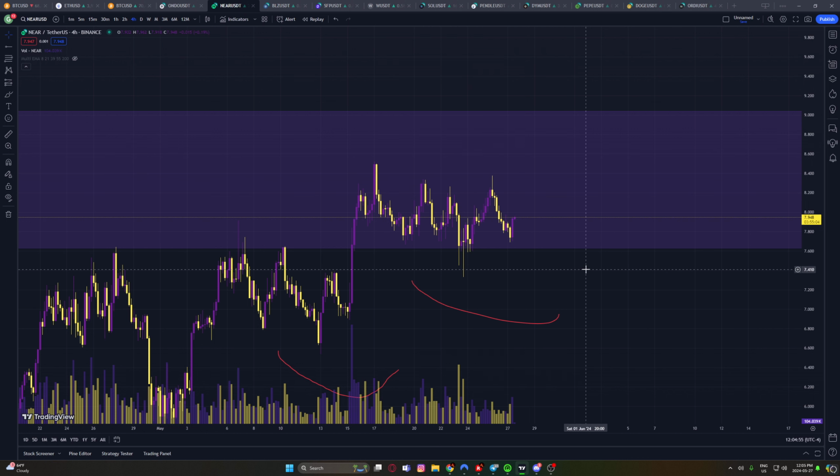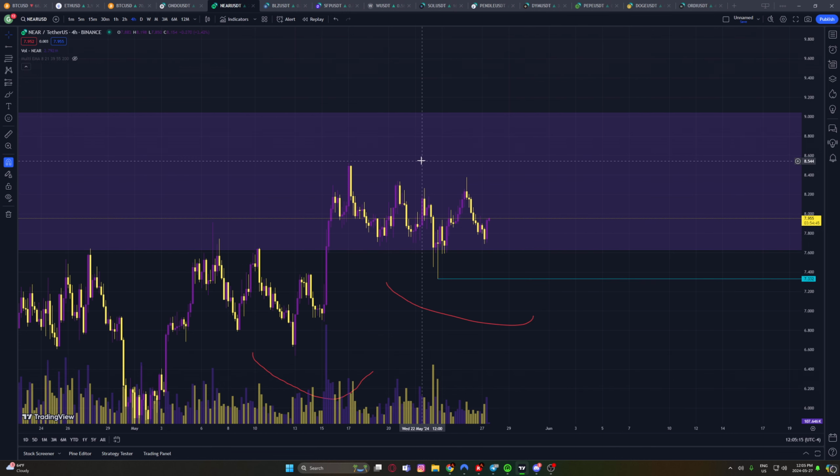So, quite literally, this is my favorite play. I would have my stop loss right there, just under. So this is 7.33. I think I made mine 7.29 or something. But yeah, TP price target.